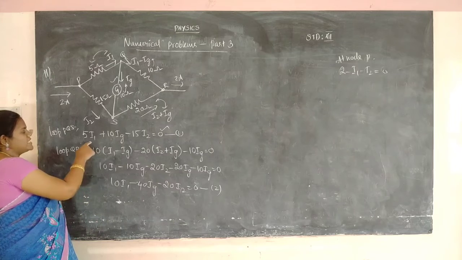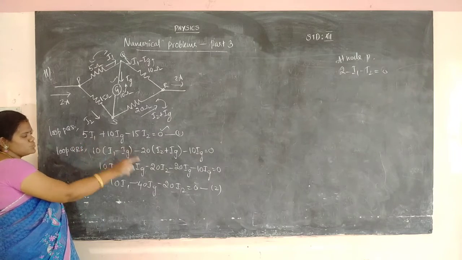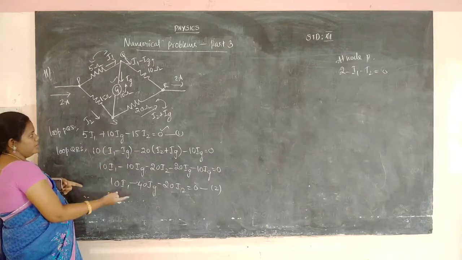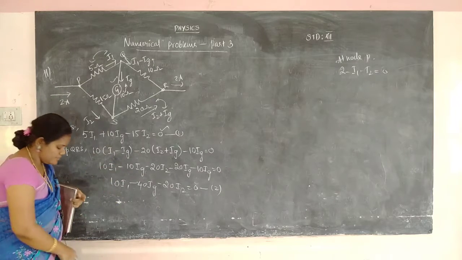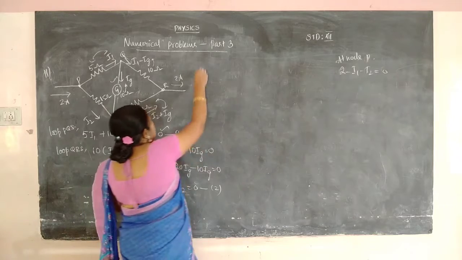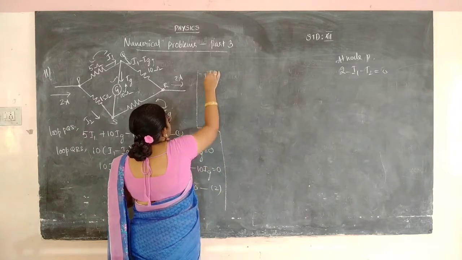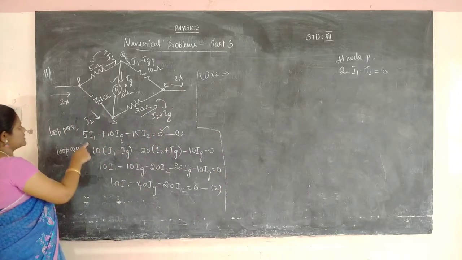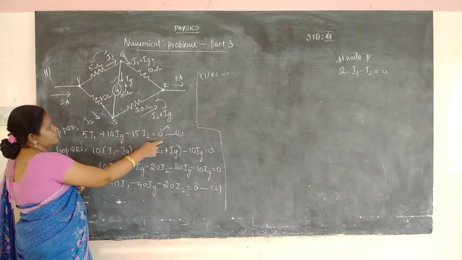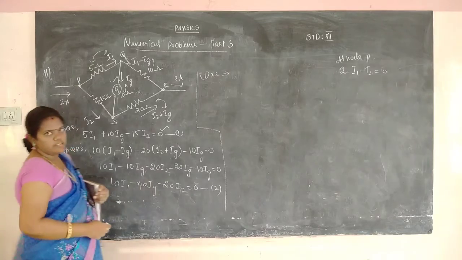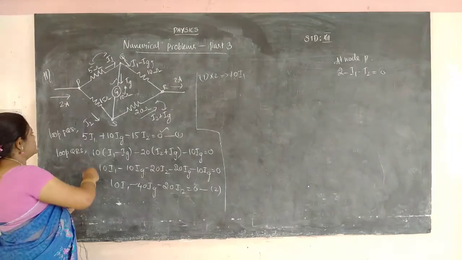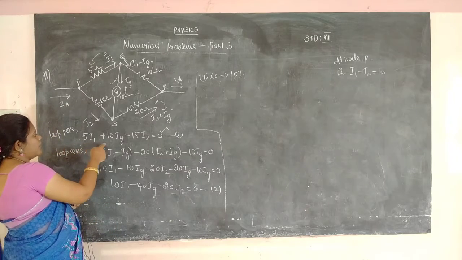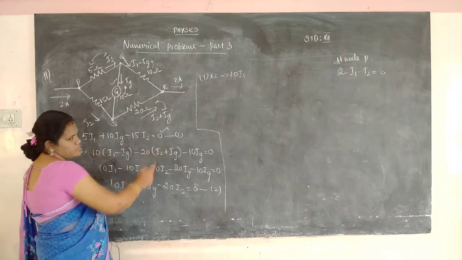Now the first equation is multiplied by 2. The first equation is 5 I1 plus 10 IG minus 15 I2 is equal to 0.